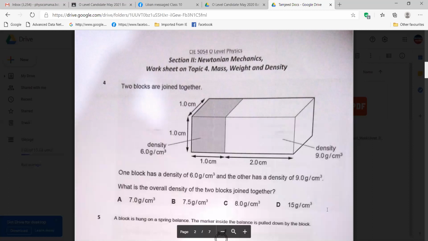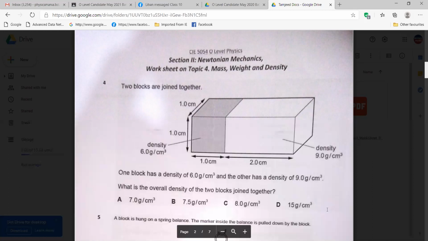Yes, the black one is 6 grams and the white one is 18 grams. White part you got 18 grams. So 6 plus 18, how much total mass? 24 grams.